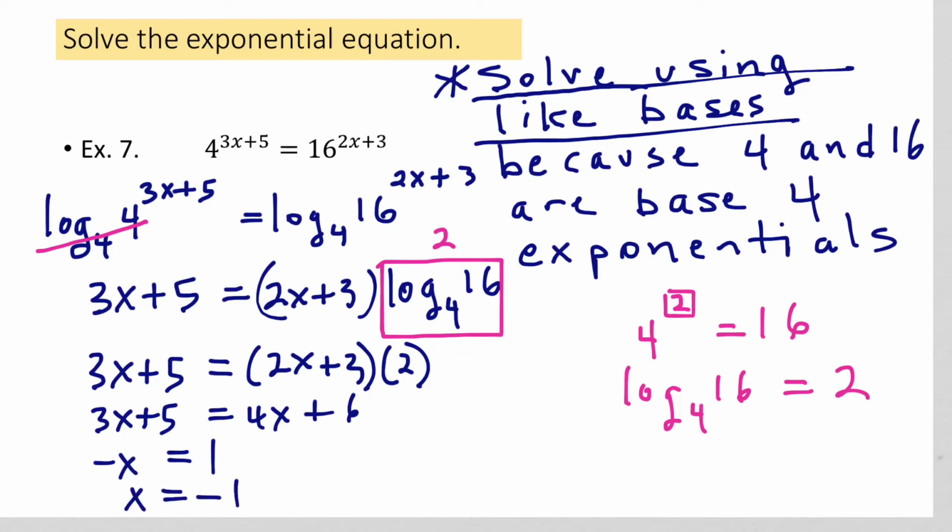So we're not going to have any logs in our answer if we can solve using like bases. So what you're looking for is whether your original equation has like bases such that you can choose the log that you want to use in order to get your logs to cancel out of your answer completely.